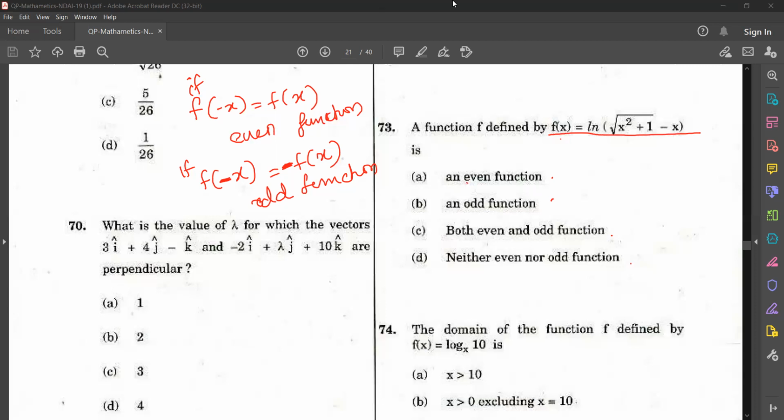Okay, did you get it? What function is this? Even or odd?